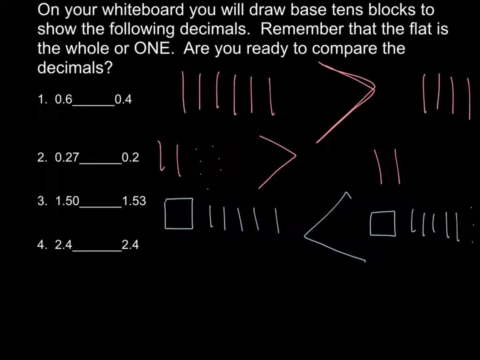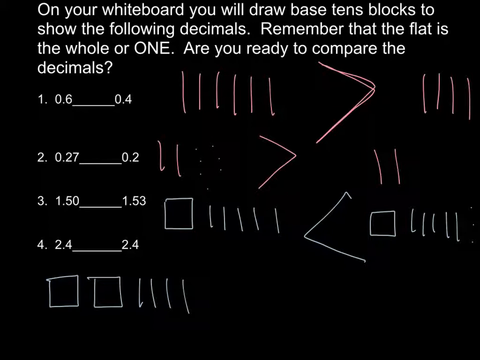In problem 4, I have 2 and 4 tenths compared to 2 and 4 tenths. Remember, the flat is the 1 or the whole. I have 2 flats and 4 longs to show 4 tenths.